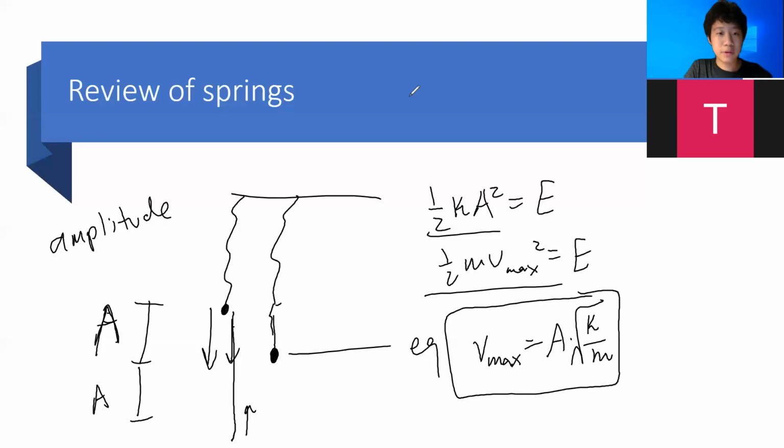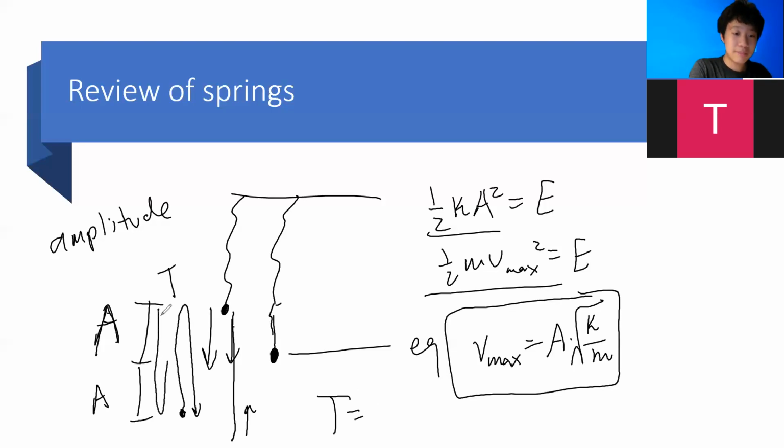All right, so before we go on, one other thing I need to mention is T, the period. The period of oscillations is the amount of time it takes for one cycle to complete, which basically means for the bob to start either from the bottom, go to the top and come back, that's one period, or from the top to the bottom and come back. All right, so both of these are equal to the period.